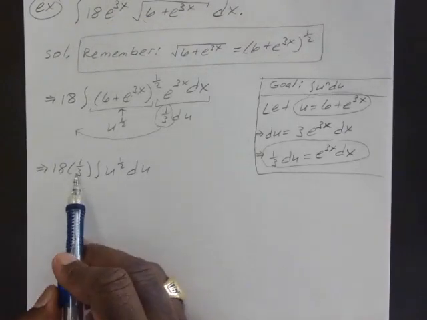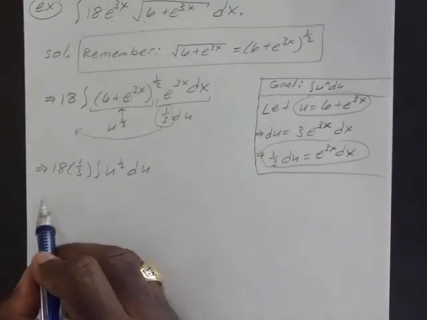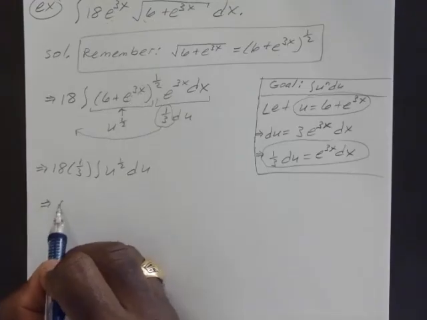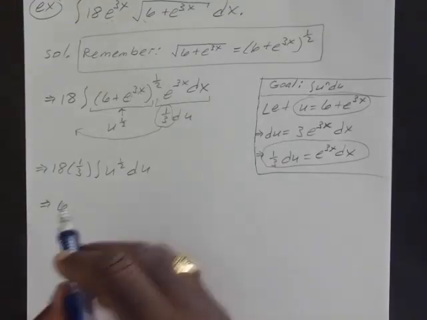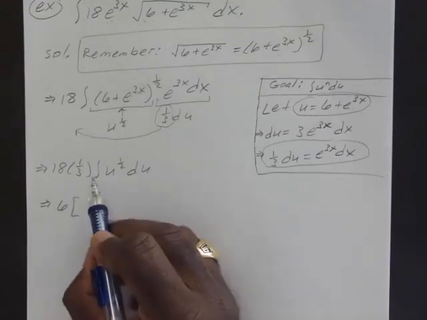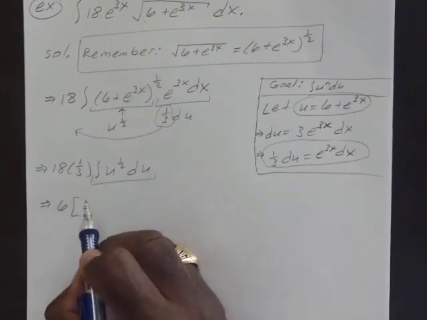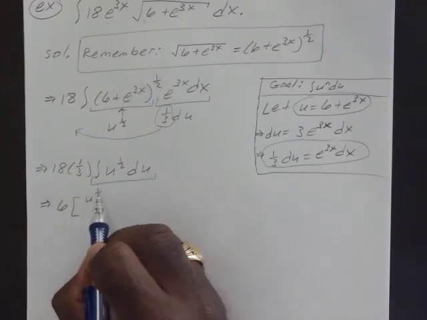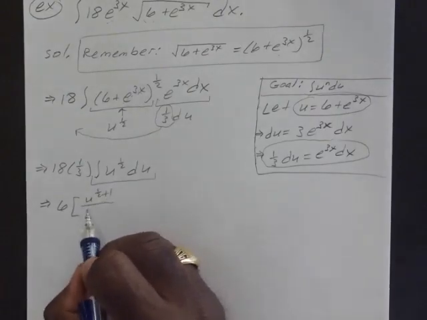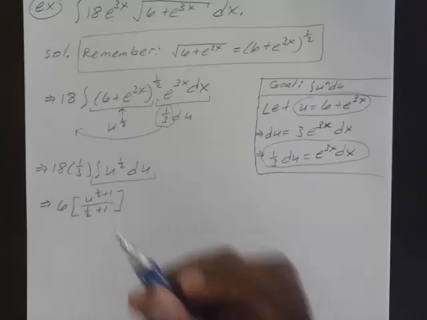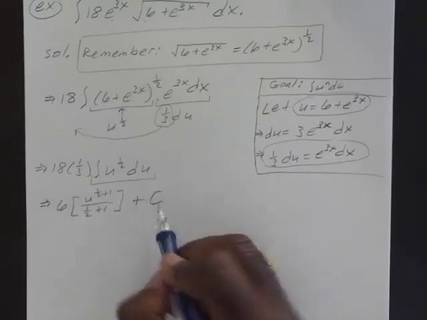Okay, so 18 times 1/3 is just 18 over 3, which we can make equal to 6. And the integral of u to the 1/2 power is u to the 1/2 plus 1 power over 1/2 plus 1, plus c.